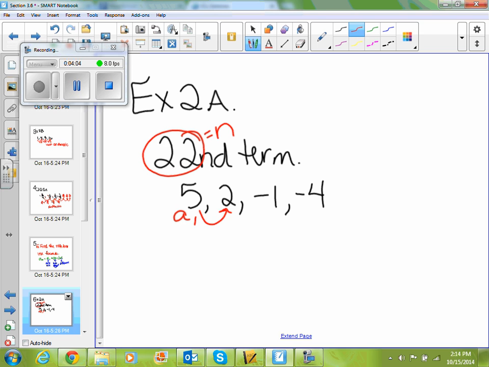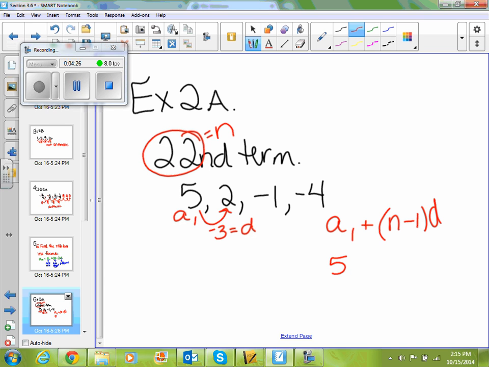What do I need to do to get from 5 to 2? Subtract 3, so -3 is my common difference. If I look at my formula, a sub 1 plus n minus 1 times d, and I start plugging stuff in, my a sub 1 was 5.